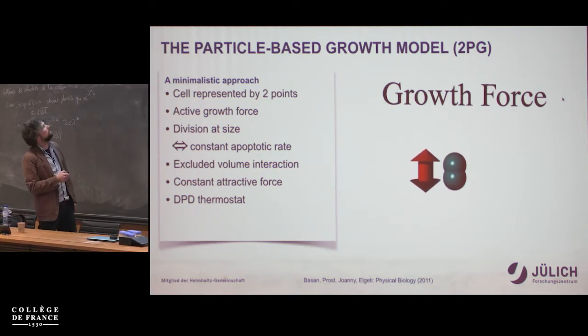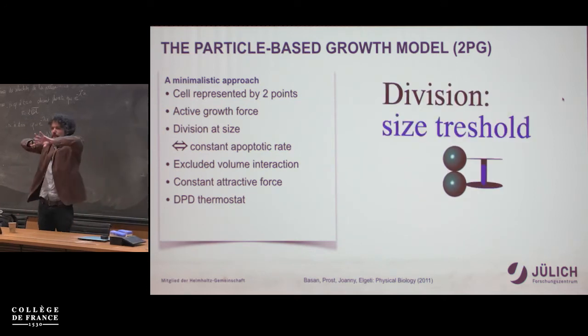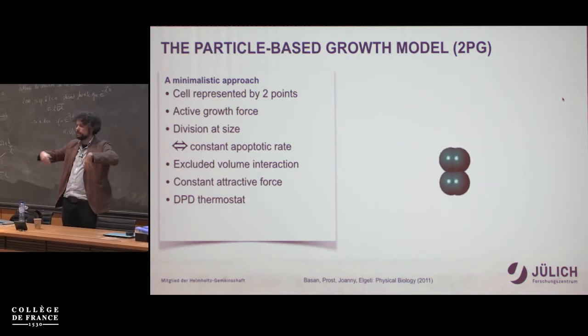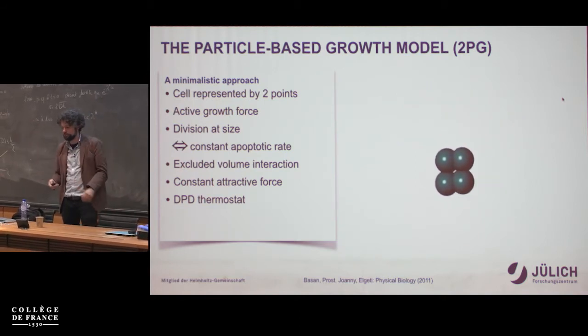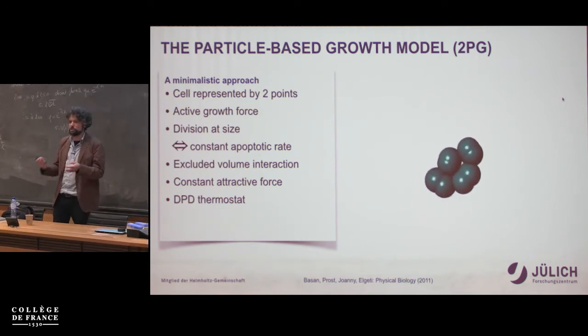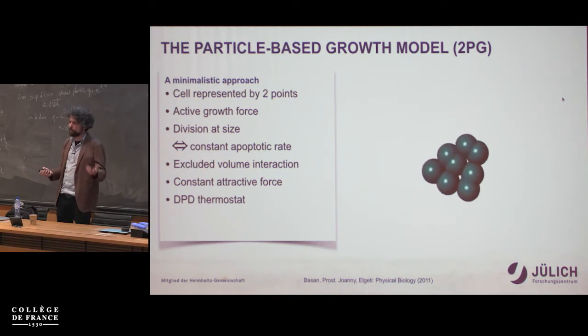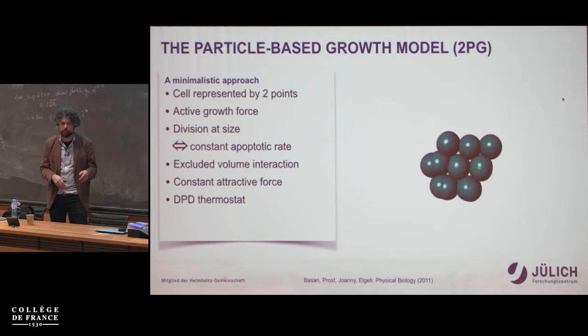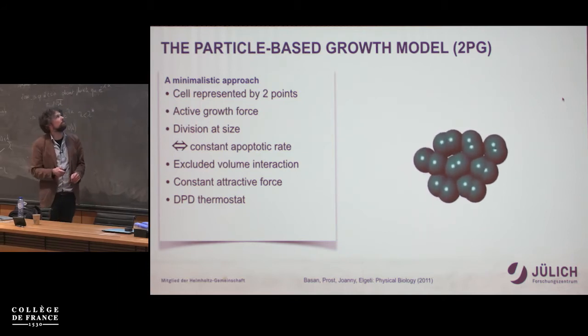So in this model, a cell is represented by 2 point particles that repel each other by a growth force. And once the 2 particles reach a critical distance, the cell divides and the process starts anew. Other than that, cells behave like sticky soft spheres. That's quite a bit of work to implement numerically, but it's textbook knowledge. You can look it up in standard colloidal physics books.